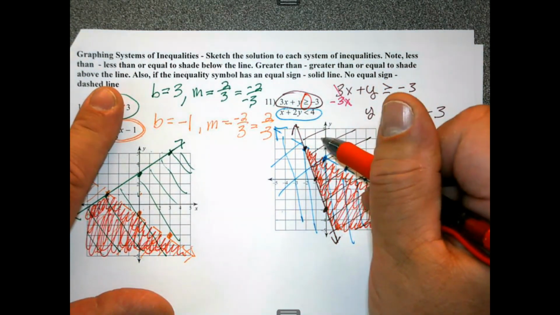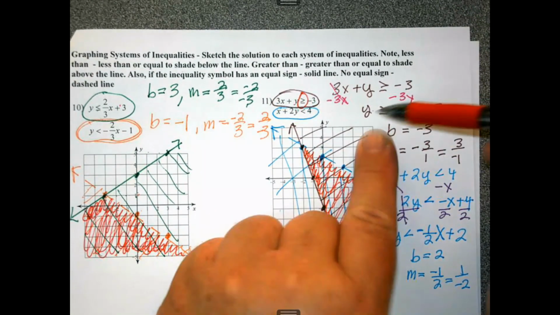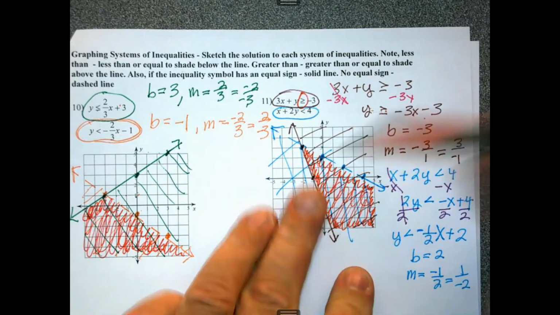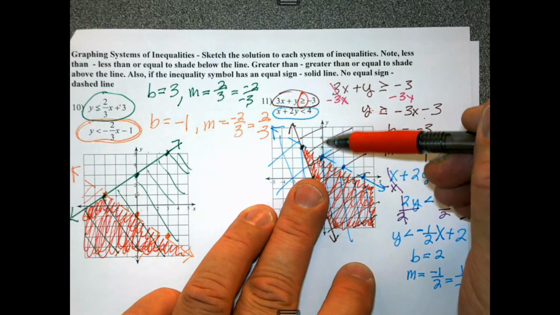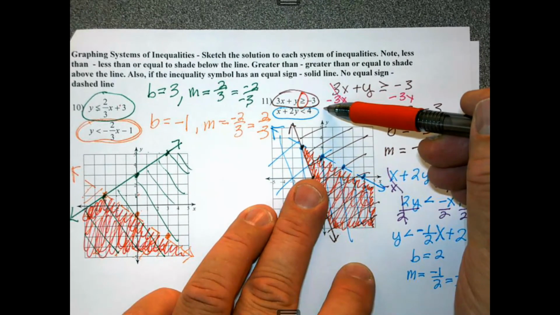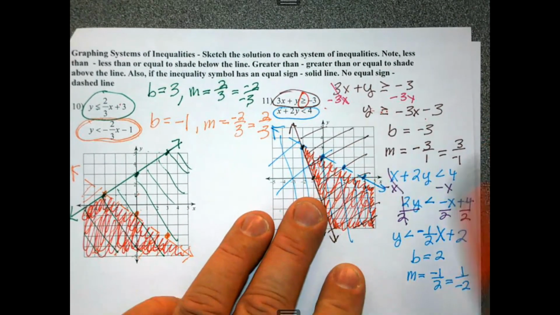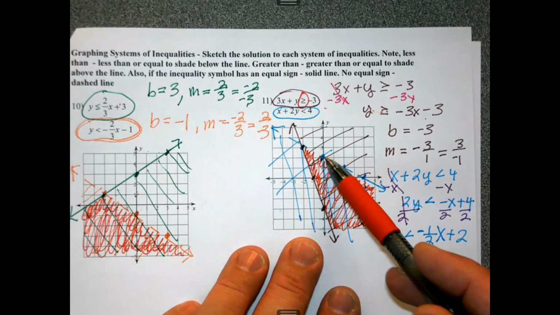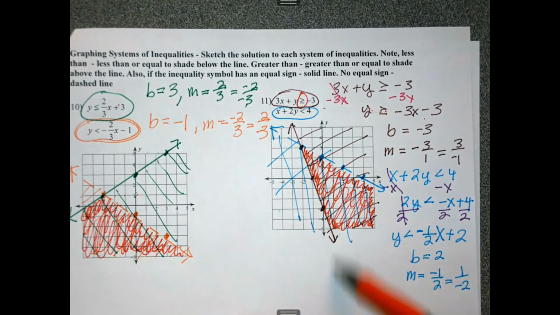Okay, think of it this way. We put it in slope intercept, right? Y is greater than. So when you see y is greater than, think of those numbers that are going to be going up. Greater. When it's less than, and we got y is less than here, it's going to be all of those y values that are less, or shade below, because the y values go lower.